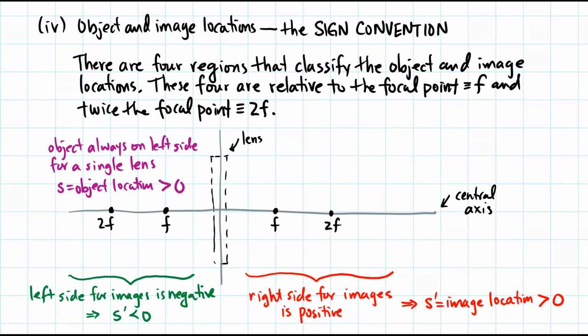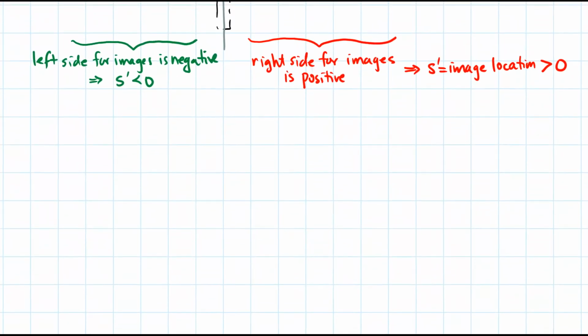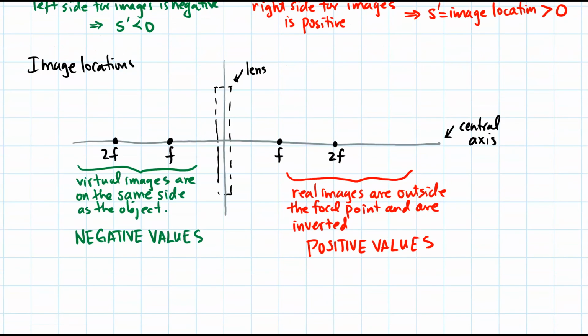Now that we established the sign convention for images and objects, I now want to look at the image locations. An image on the right side of the lens is always a real image, and all of these images will have a location that's outside of f.